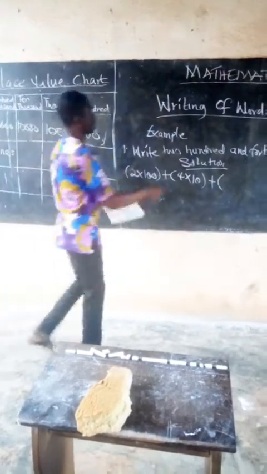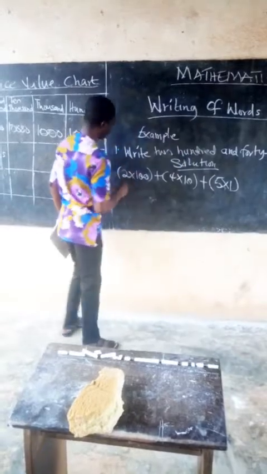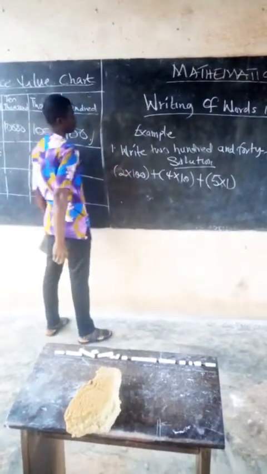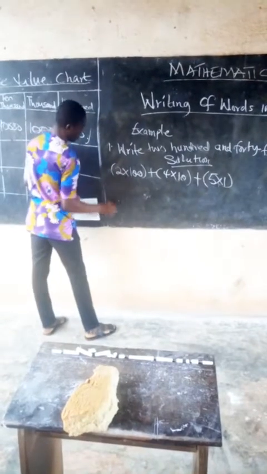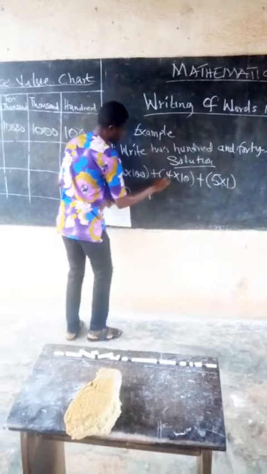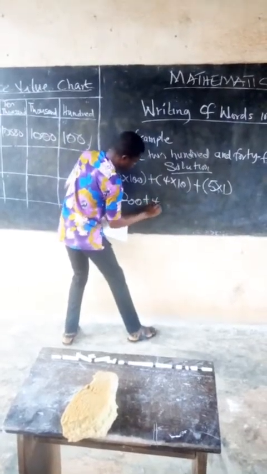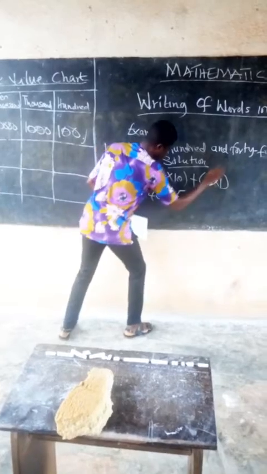So that is 5 times 1. 2 times 100 gives you 200, plus 4 times 10 gives you 40, plus 5.